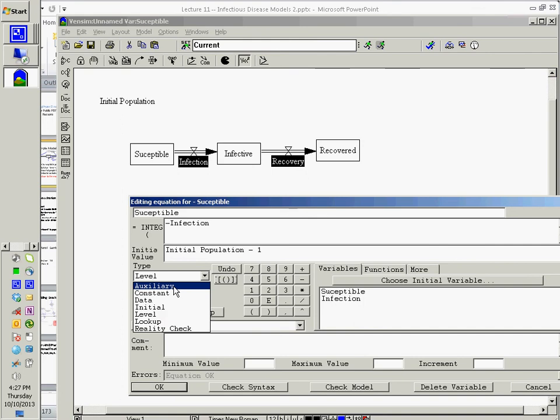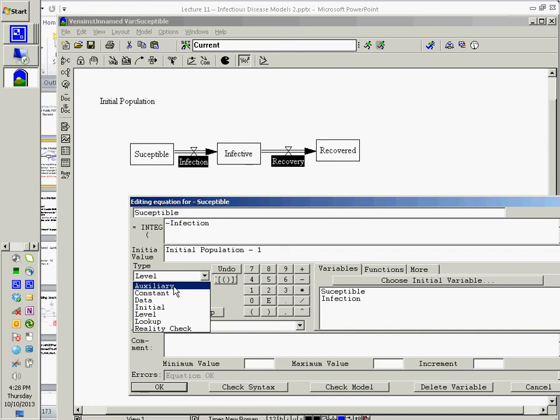Briefly, an auxiliary variable is a variable that depends on others, like it's a formula of other variables. Maybe someone could help Sarah get started with the bits of the model. That would be great. A constant variable is just a constant, like we had initial population.